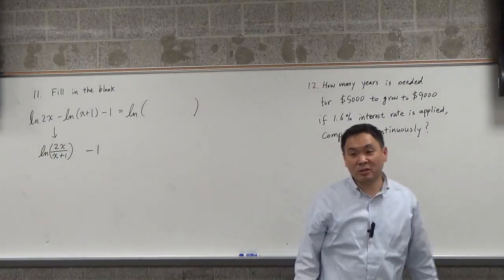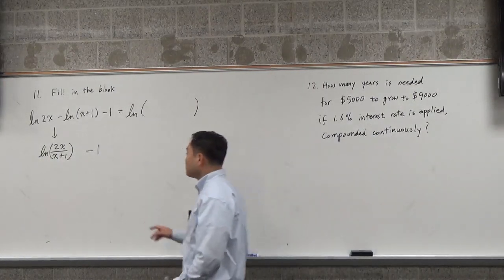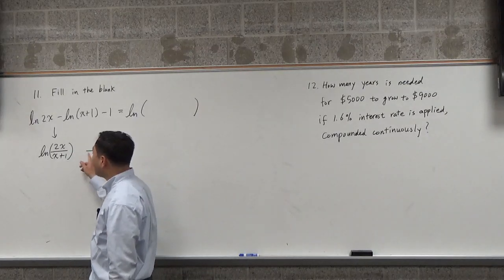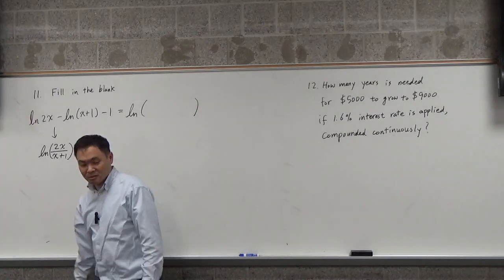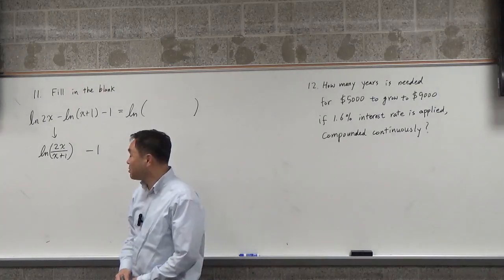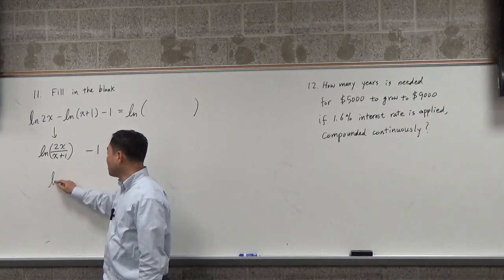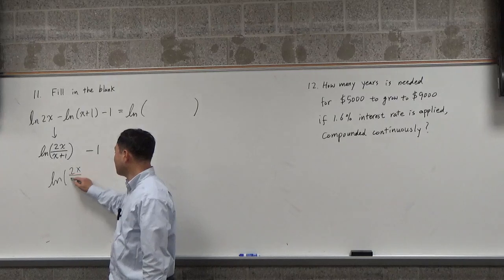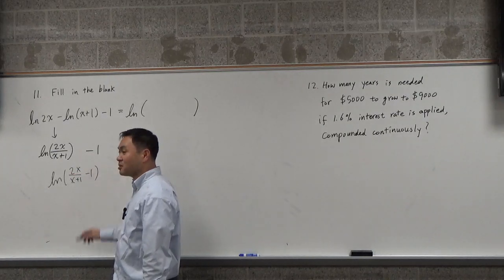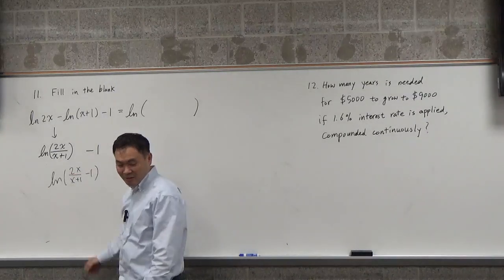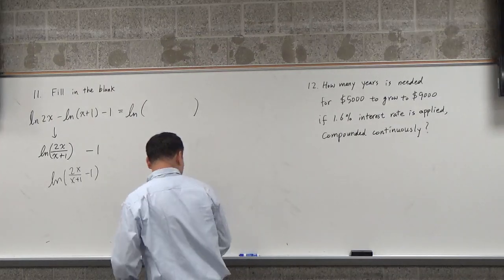And now the question is, how do you make this minus 1, which is outside the log, go inside the log? Well, some naive people might think, oh, maybe I should just do this. Is that good? Is that the answer? Of course not. It's not that easy.